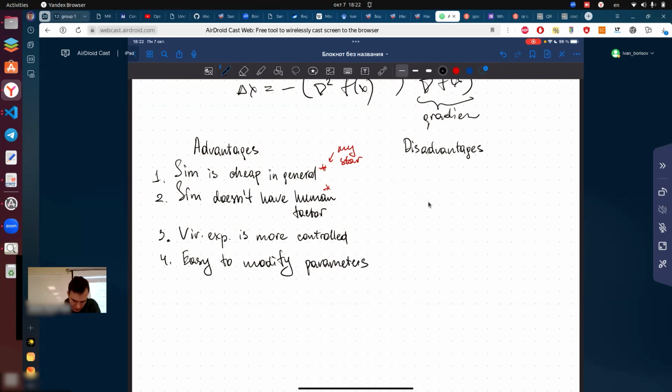Okay, what else? Anything else on the list? It can be quicker to set up a simulation than to construct a real life experiment.